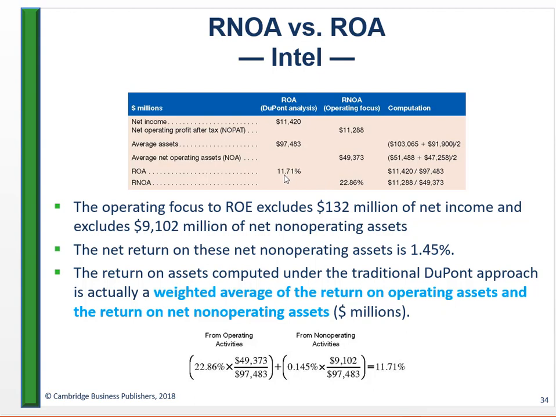So these are the types of questions that I want everybody to be able to ask as they go through these ratios and draw distinctions and points of difference between return on average assets or return on assets, as we just broke down with the DuPont method, versus return on net operating assets, which is more of an operating focus.